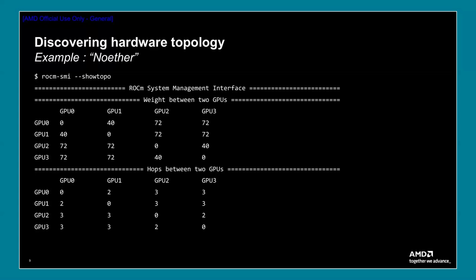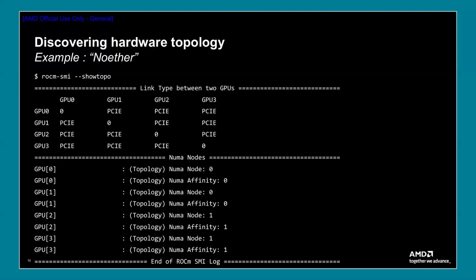So what this must mean on this system is that I have to go through a NUMA domain on the CPU side and then cross back over the PCIe to get to GPU 1. Now, if I look at the connection between GPU 0 and 2, there are 3 hops, which would be consistent with the idea that I'm going to go from GPU 0 to NUMA domain 0, from NUMA domain 0 to NUMA domain 1, and then all the way over to GPU 3.